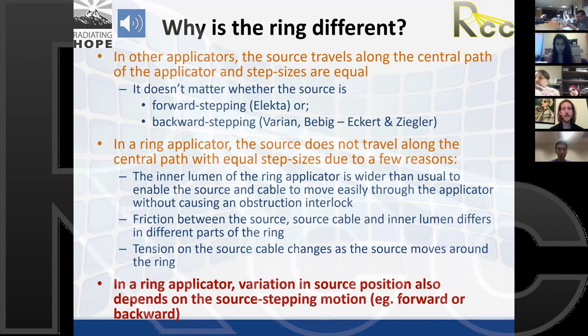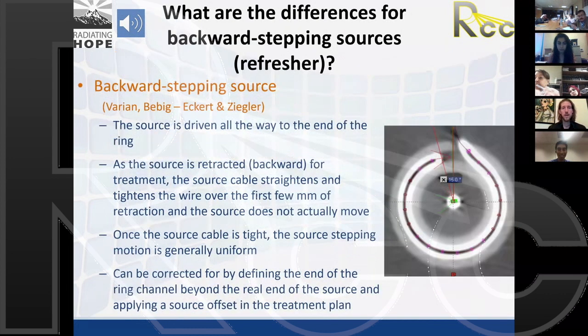To better understand what happens with a forward stepping source afterloader and a ring applicator, let's quickly refresh on what happens with a backward stepping source afterloader and the ring applicator. In these cases, the source is initially driven all the way to the end of the ring. To retract the source back around the ring, firstly, the source cable must straighten and tighten the wire around the ring.